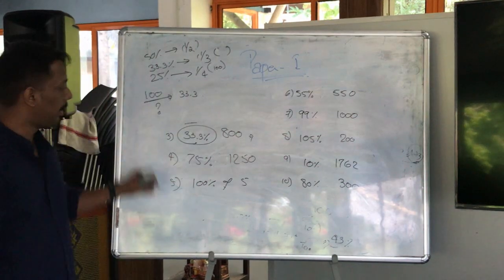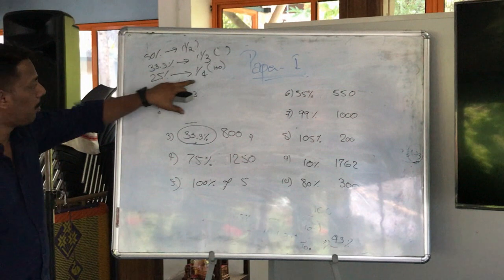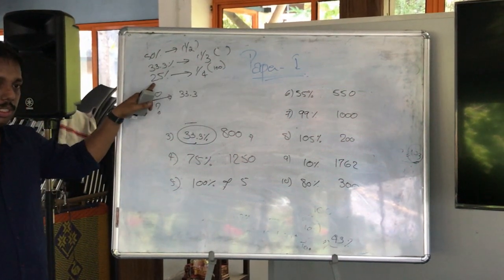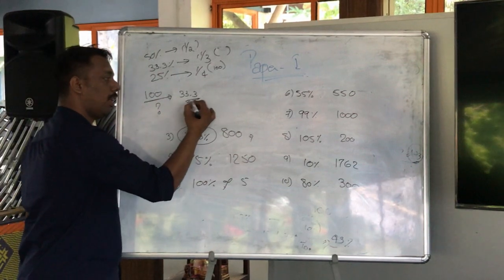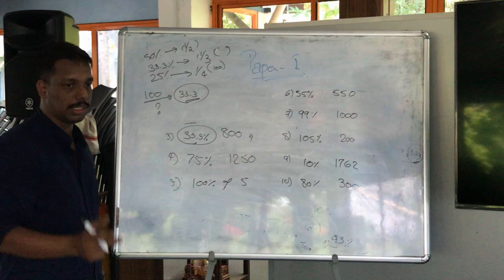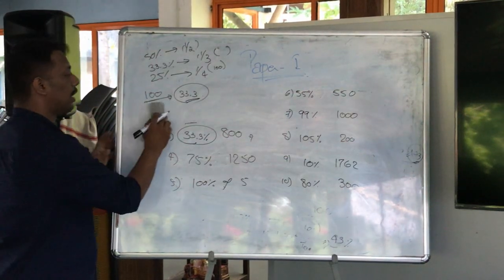By dividing which number? If I take half, I will get 50%. If I go by 1 by 4, I will get 25%. Then how will I get 33.3%? By dividing which number? It's nothing but 3.